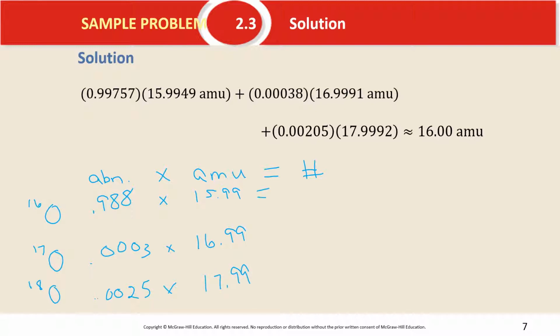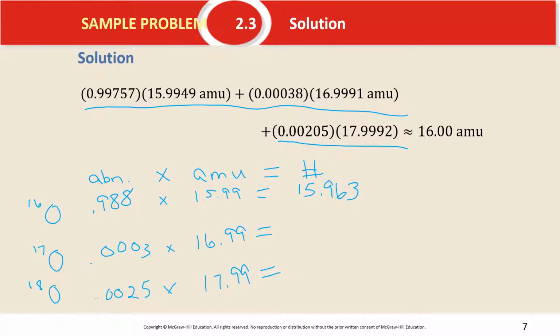Now, if we multiply all these out, I'm going to do that right quick. So 0.9976 times 15.9949, we're going to get a number of 15.963. Oh, hey, look at that. These numbers were right here, and I've just totally ignored them. I do that sometimes, y'all.